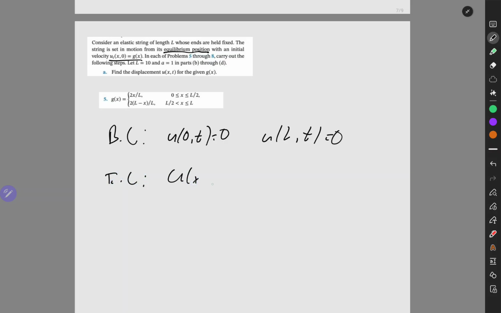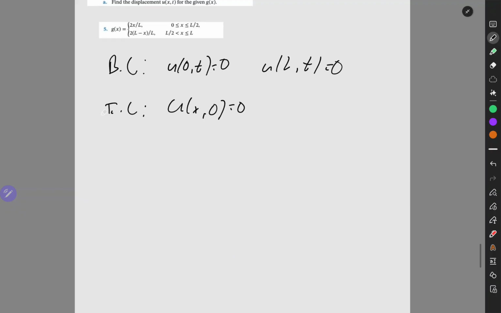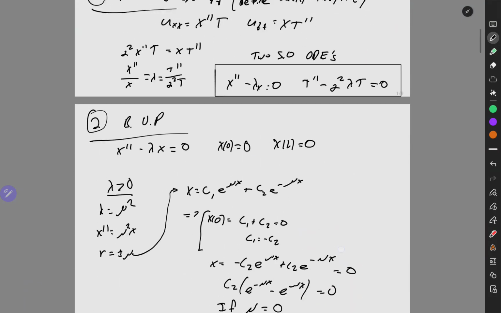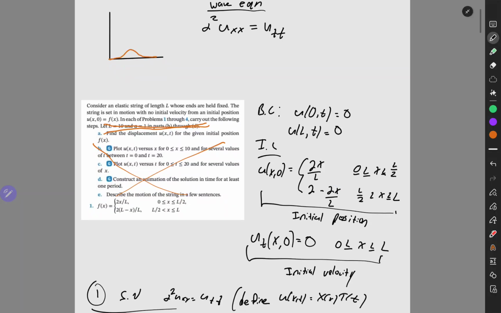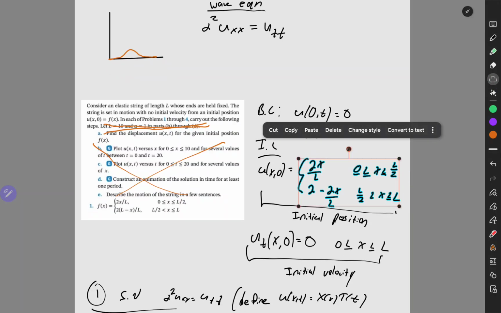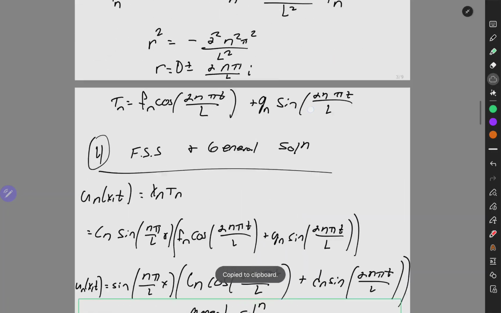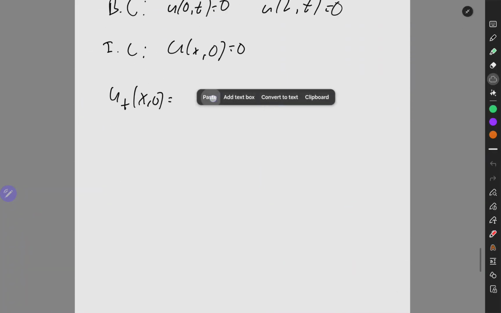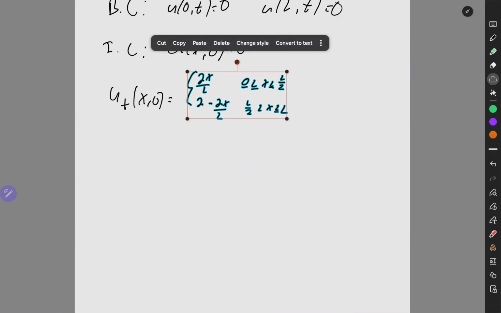We have initial position is going to be 0, but u sub t of x, 0 is going to be this right here. Bam. That right there.